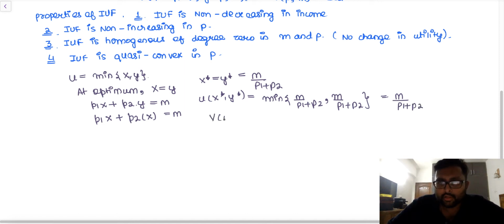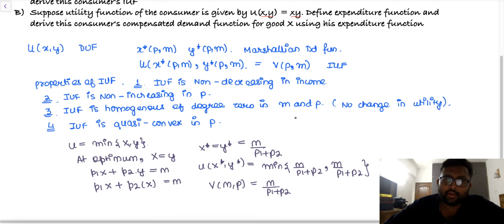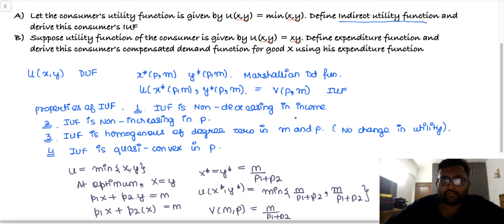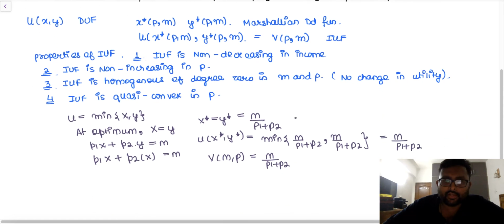So this becomes your indirect utility function. V is m upon p1 plus p2. This is the indirect utility function for the function which is given to you.